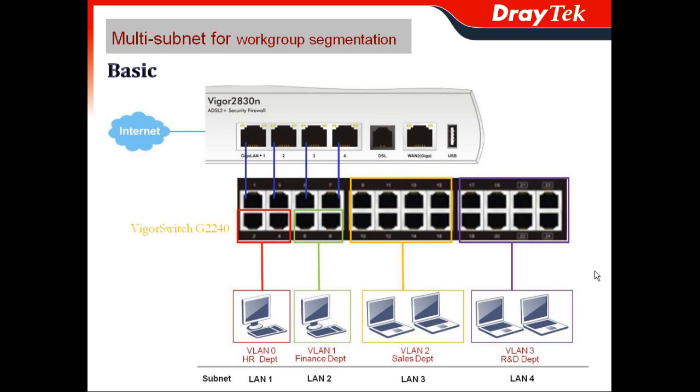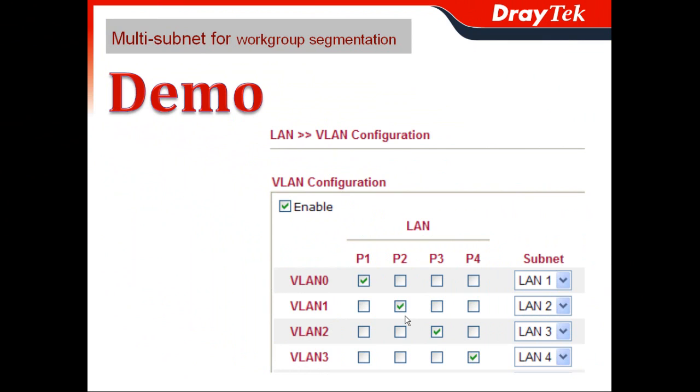So when we see the demo, for the isolation of different work groups, you can go to the LAN and choose the VLAN configuration page. In this page, you can define the data coming from a certain LAN port on the Vigor 2830 series and belonging to which subnet.